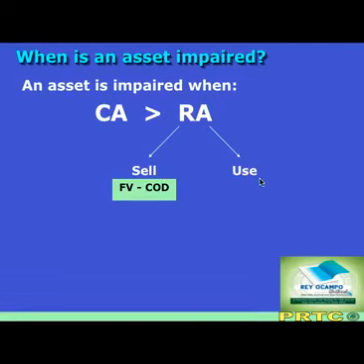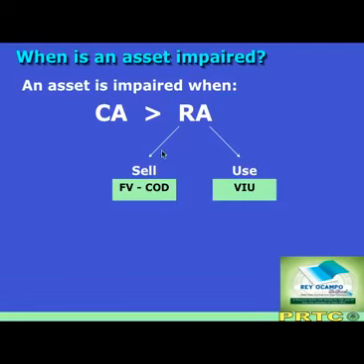Now, what is recoverable from using the asset? That's value in use. Value in use is, in general, the present value of the cash flows expected to be generated by the asset, so inflows minus outflows, the net cash flows expected to be generated by the asset, and of course eventually from its disposal.